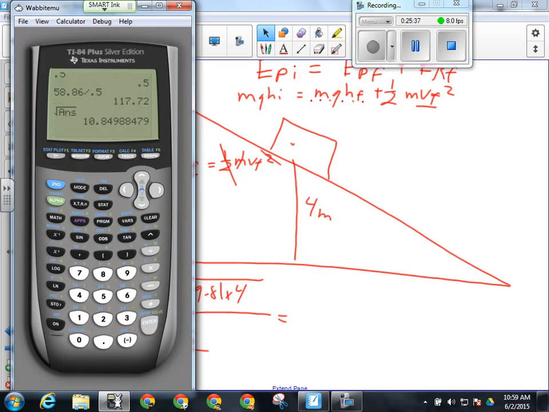So it's going to be moving at 10.85 meters per second, 4 meters above the ground. Does that make sense?